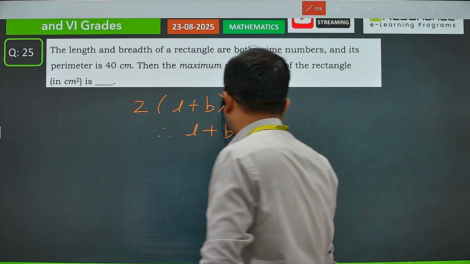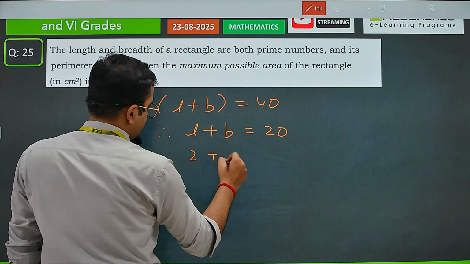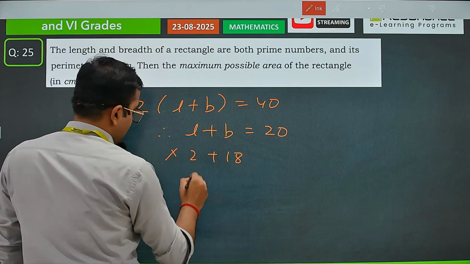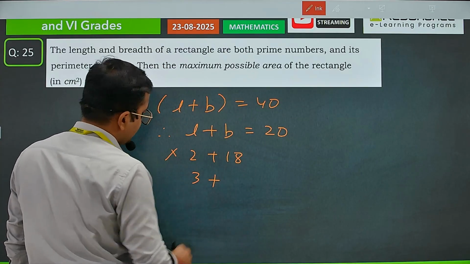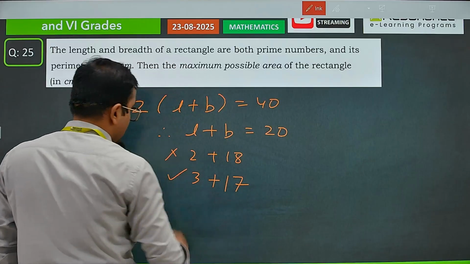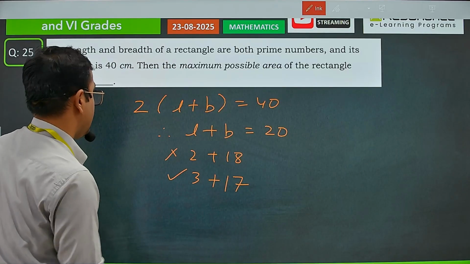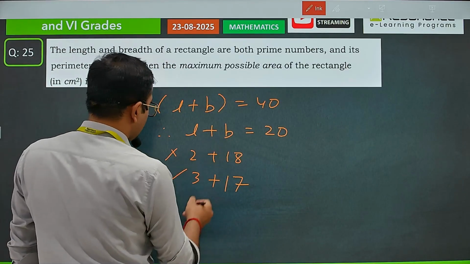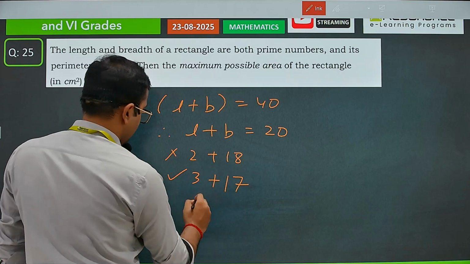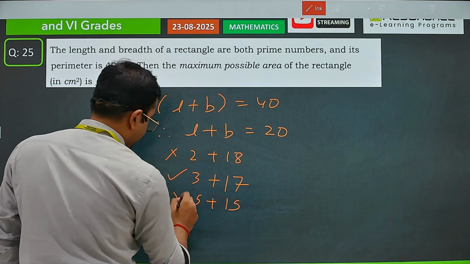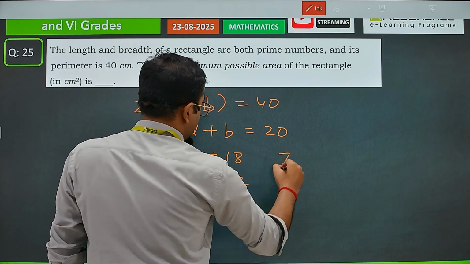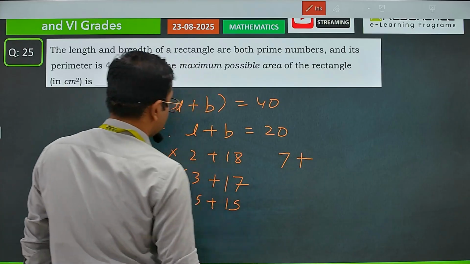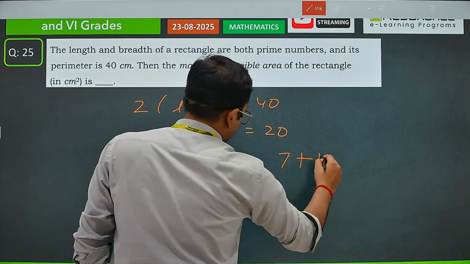Let's start with 2. 2, 18. Nope. 3 plus 17. Yes, that's a perfect value. Next, let us take 5. 5 plus 15. Nope. 7 plus 13. Yes.